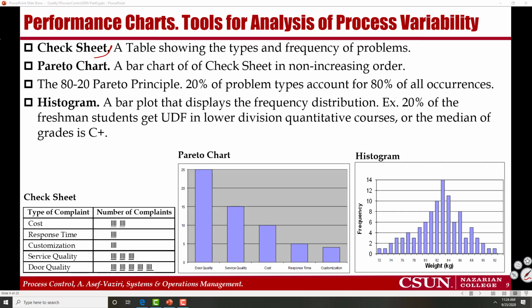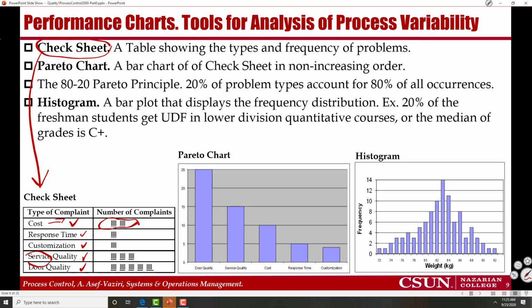The first one is the check sheet. Here we list the problems and then we check each problem or each complaint. For example, regarding cost, how many times have we realized that there is a problem with our cost, with our response time, with our after-sales service quality?